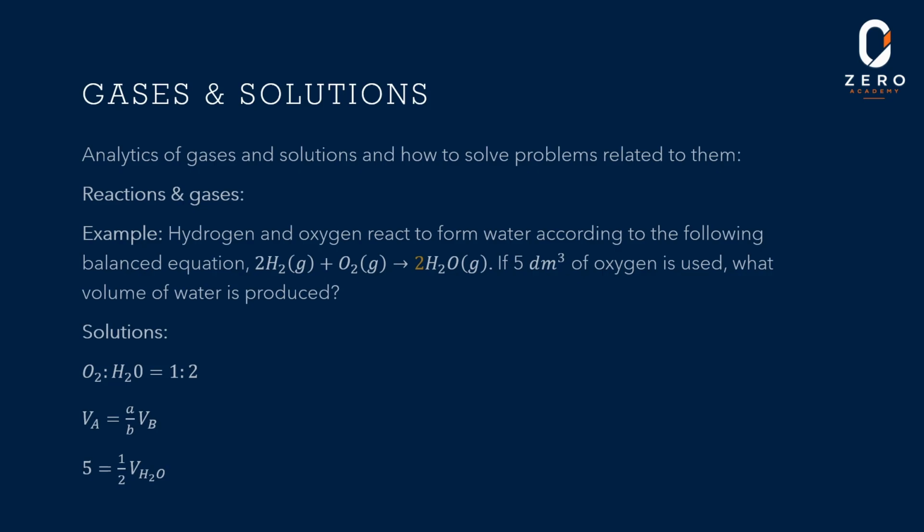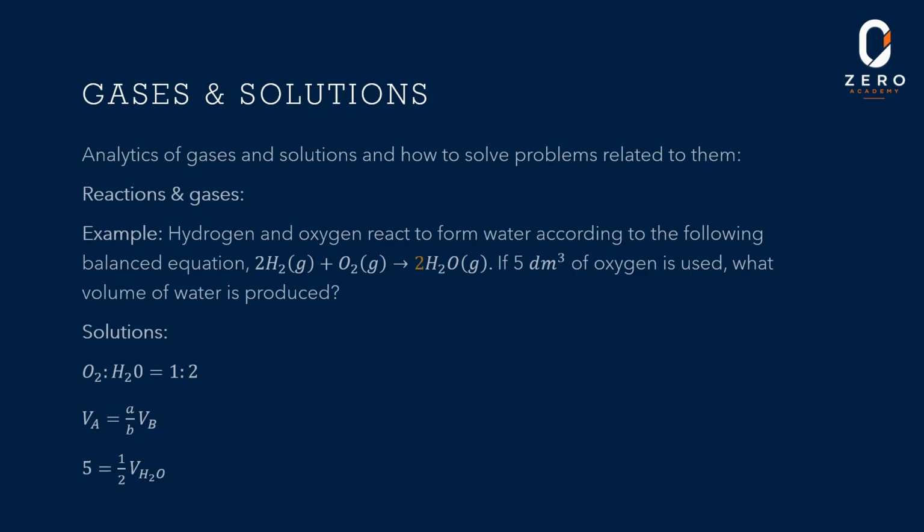And hence I went on to say 5 = 1/2 multiplied by VH2O, which is the volume of water. Because the ratio of oxygen is 1, I started with 1 on A and divided by the ratio of water, which is 2.